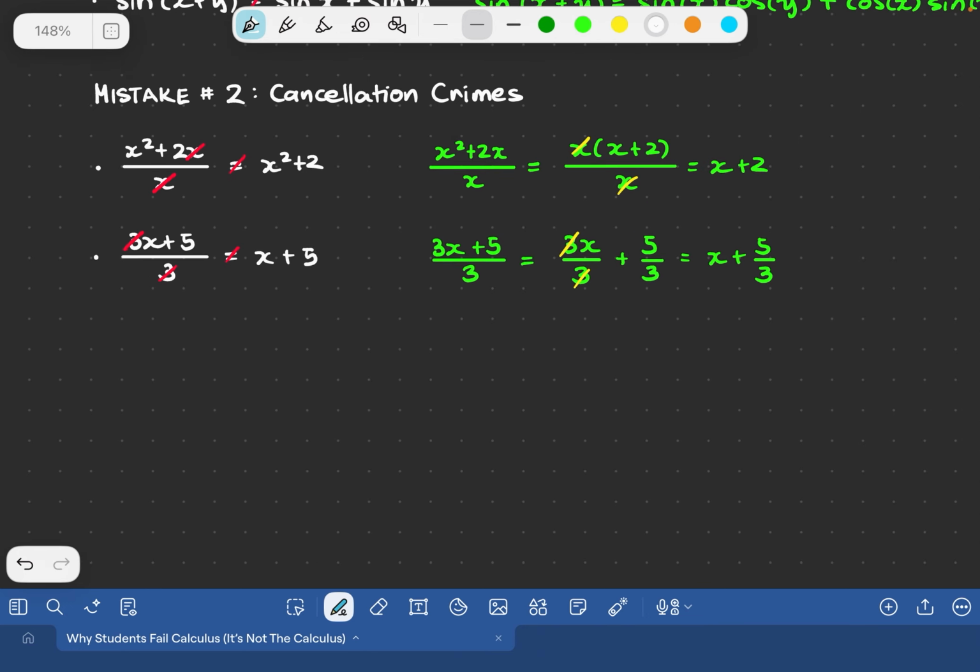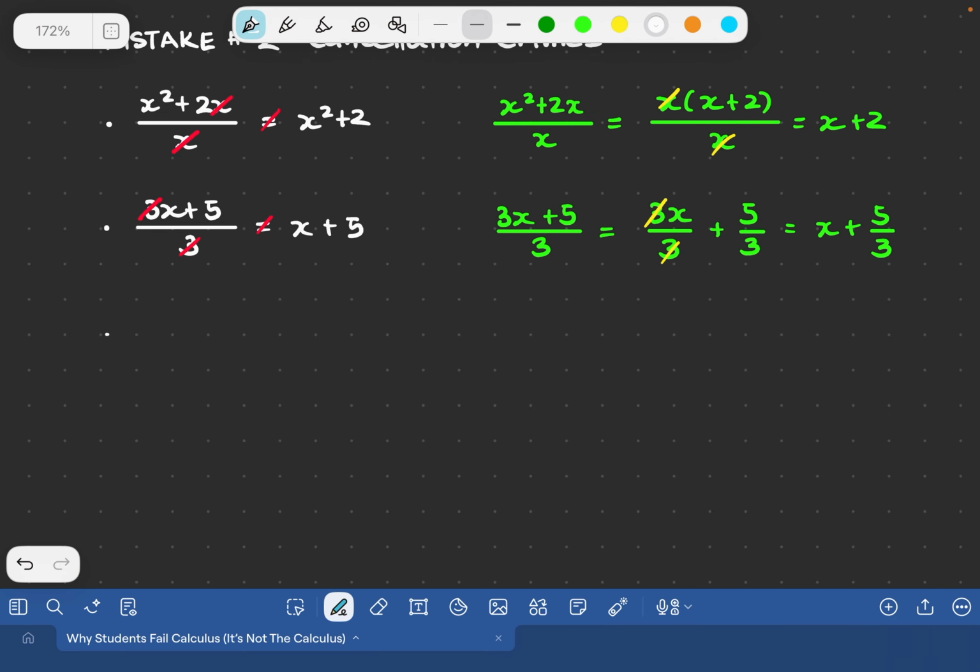Last example for this mistake. Let's see, we have x squared minus 1 all over x minus 1. A common error here is to do a combination of mistake number 1, which is linearity error, and mistake number 2.